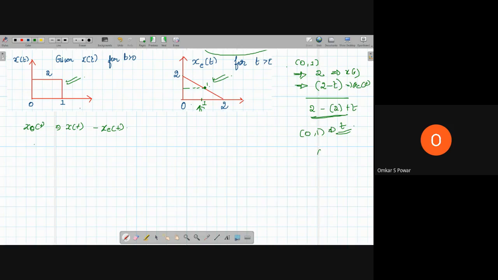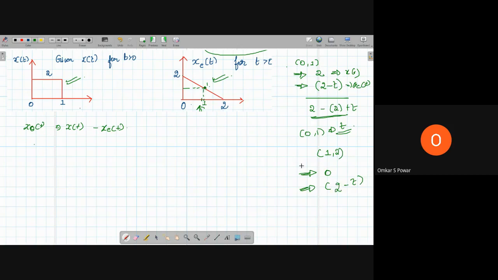But from 1 to 2, what is the value of x of t? Nothing, 0. Minus, for this one from 1 to 2, what is the value of x e of t? It is a decreasing slope, so it is minus t. At 2 it should be 0, and at 1 it should be 1.